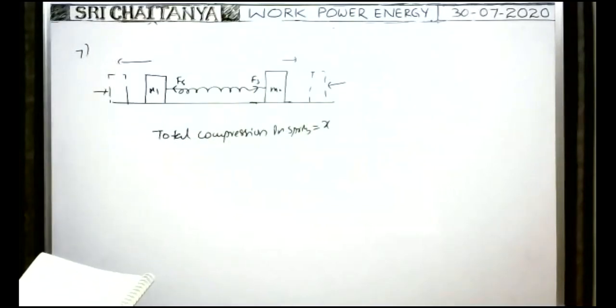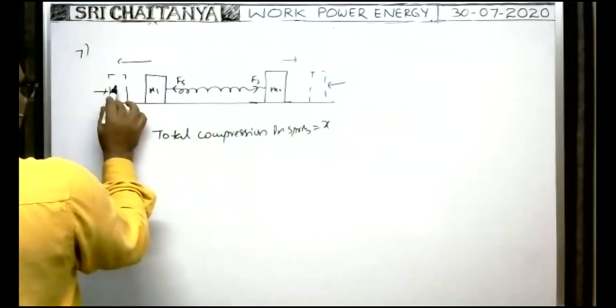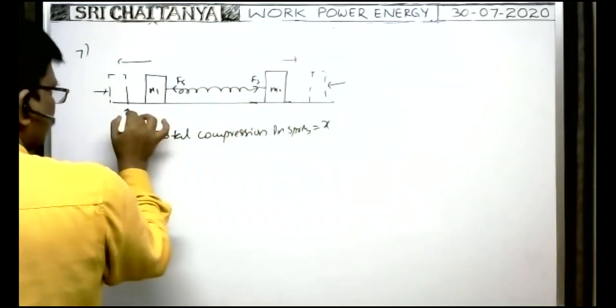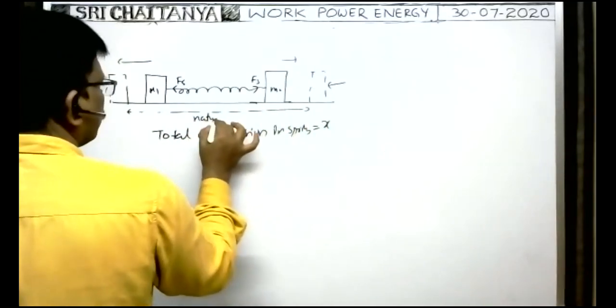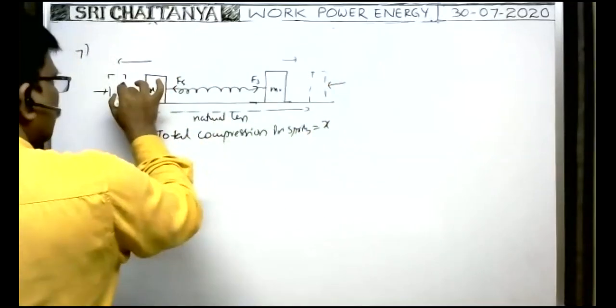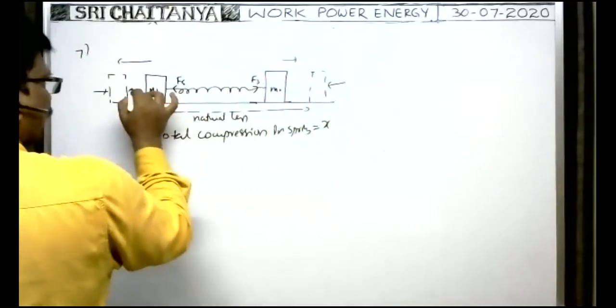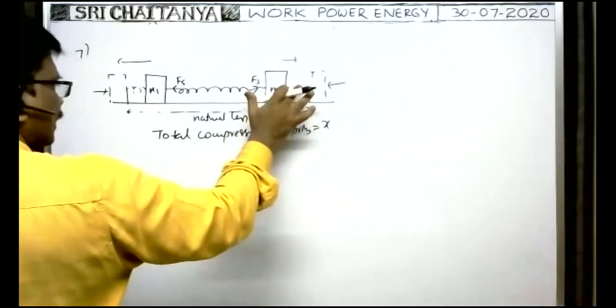Here, we consider the work done on the two blocks before they leave the spring. Whenever the two blocks are here, this is the natural length of the spring. In between the two blocks, the spring is at natural length, so no spring force is developed.